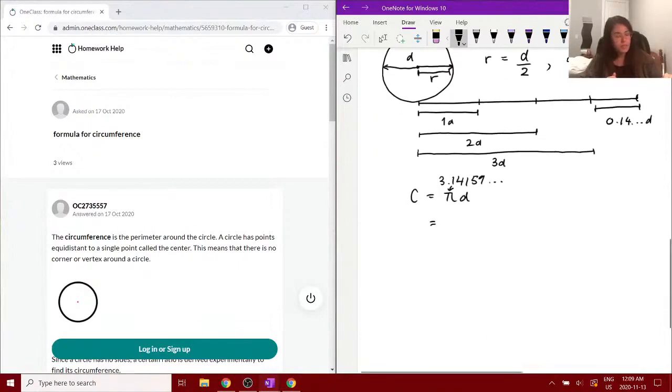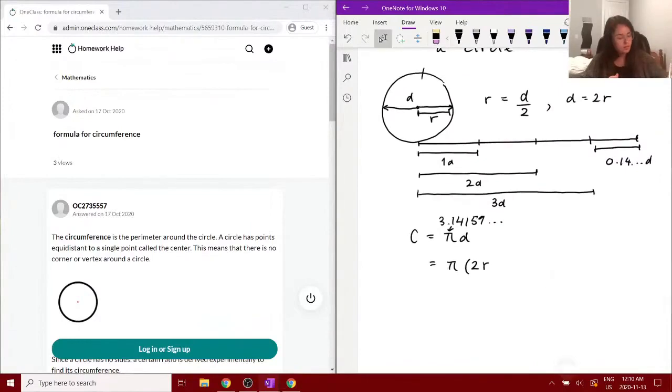So we can also get that the circumference is equal to pi times 2r, more commonly seen as 2 pi r. So these are the 2 main formulas for circumference.